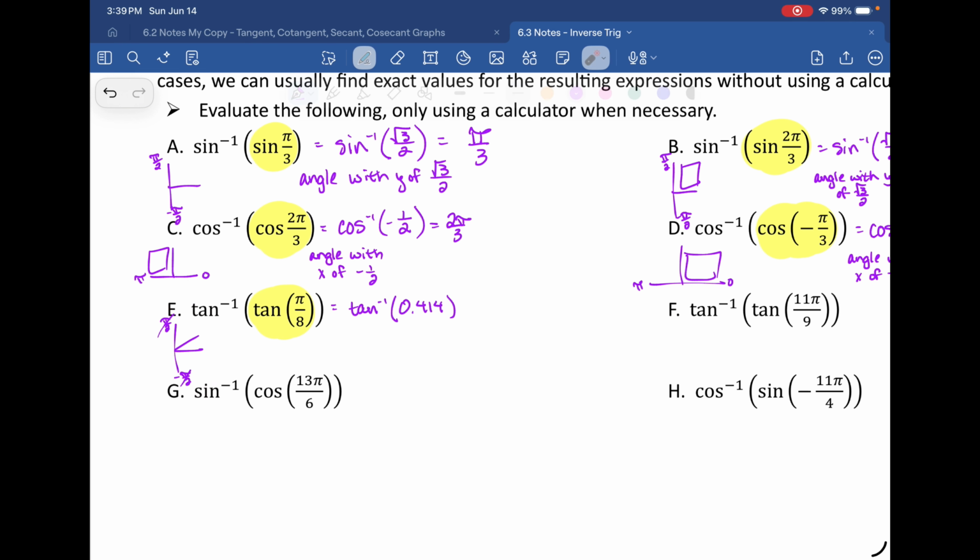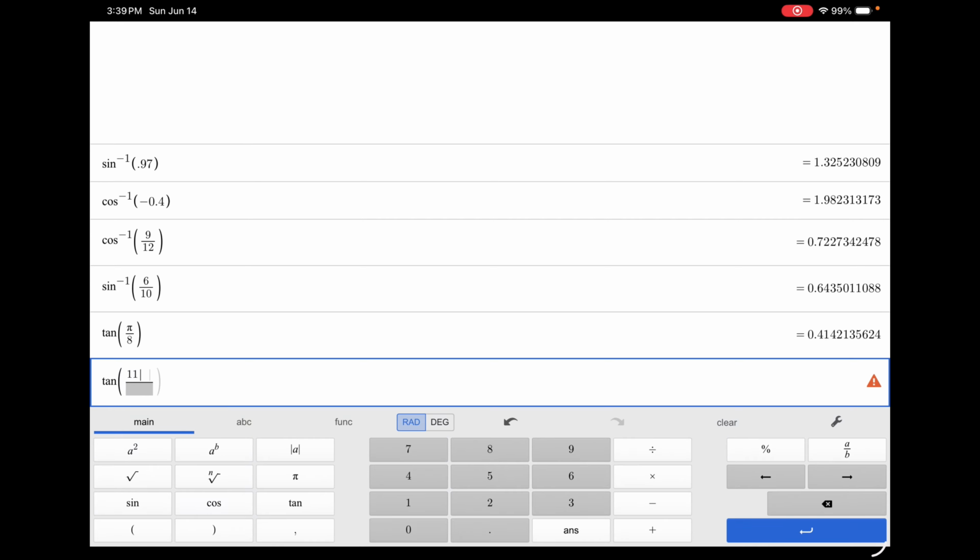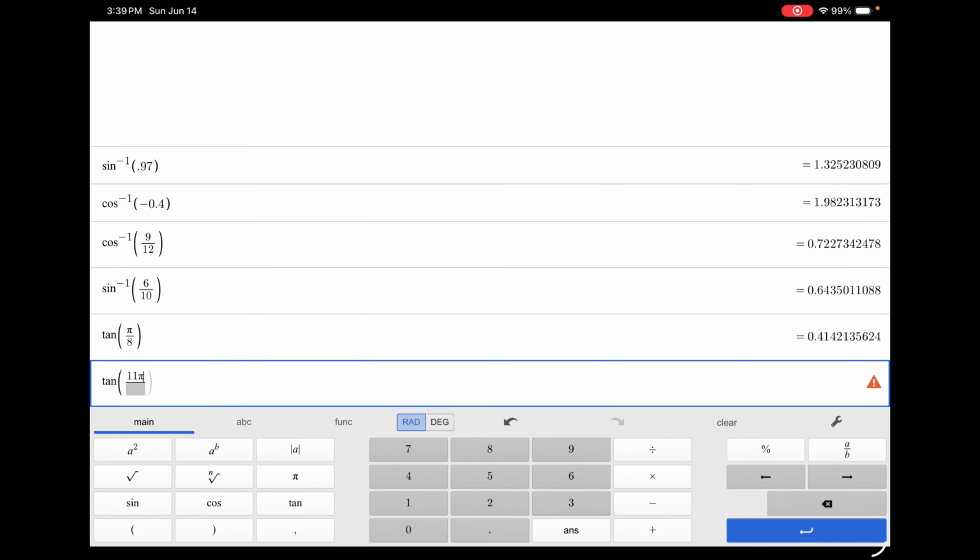And then I get here. Inverse tangent of 11 pi over 9. So we're going to do tangent of 11 pi over 9. It's in radians. Tangent is .839.